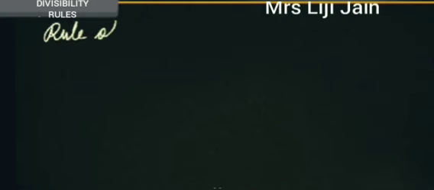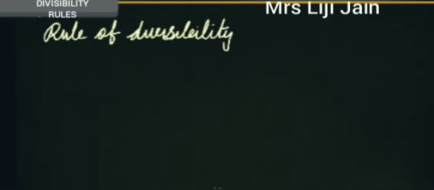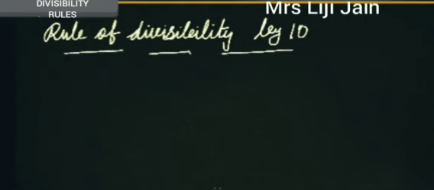Rule of divisibility by 10. What is the rule? A given number is divisible by 10 if its last digit is 0. That's all.